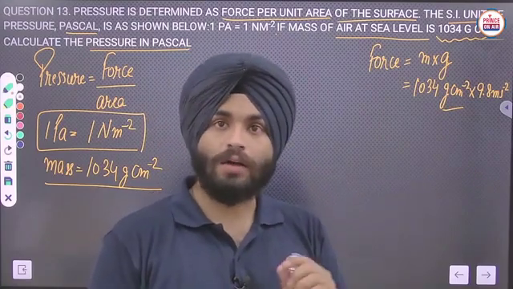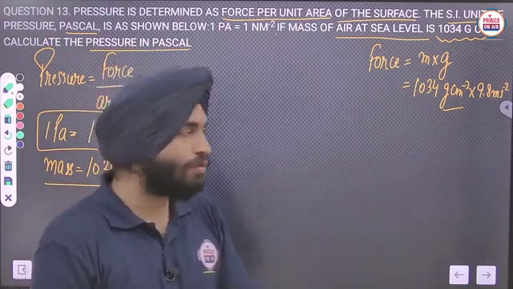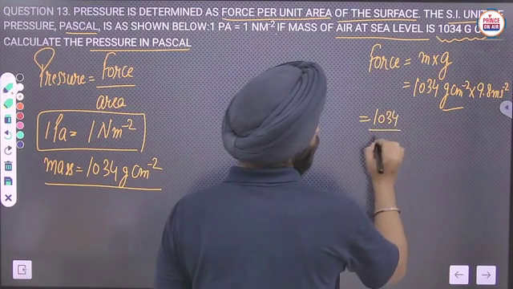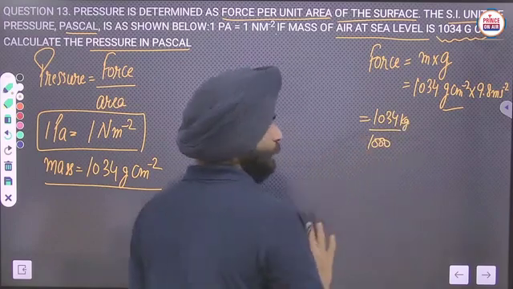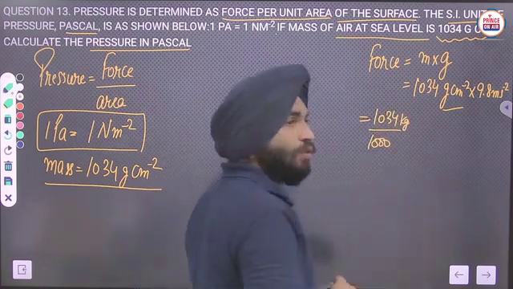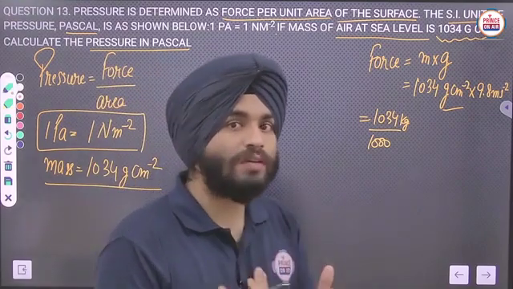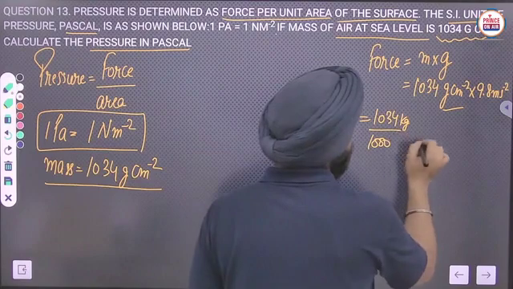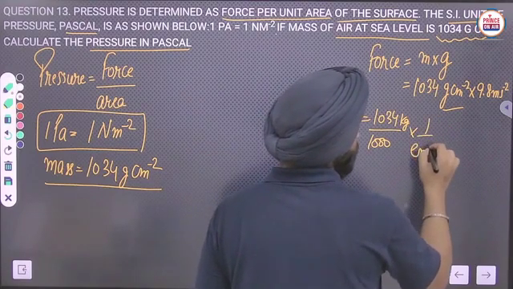You can change that gram by dividing this value by 1000. So 1034 upon 1000 will convert into kilogram. Then for square centimeter, you can say that is 1 upon square centimeter.